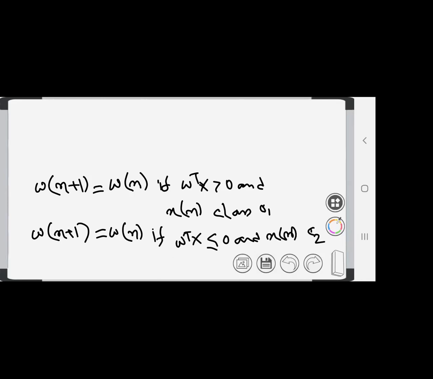This is the first rule of adapting the weight vector of an elementary perceptron.